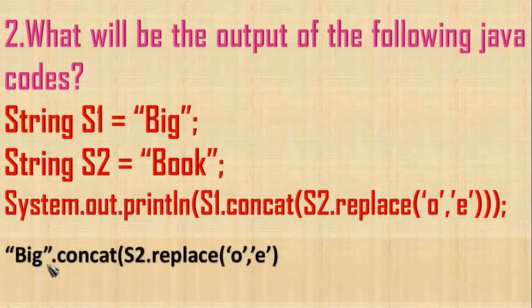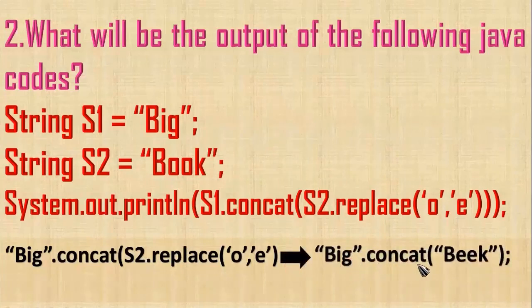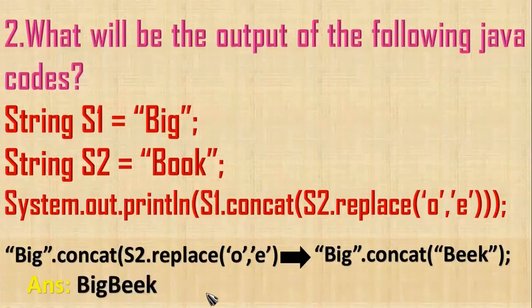So it will have big dot concat of s2.replace('o','e'). So wherever o is there, it will be replaced with e. So it will become big.concat("beek"). So both the o's are replaced with e, and then both are concatenated together. So big beek it will become.